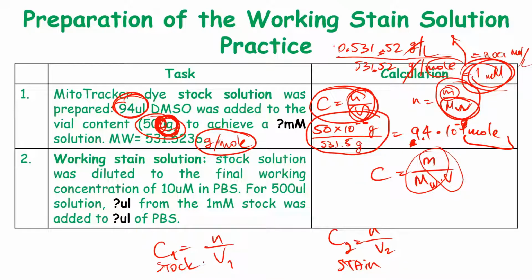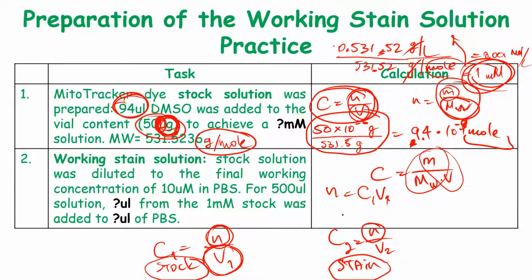The thing here is that the same amount of substance that you take from the stock solution goes to your staining solution, which means this N here is equal to this N here. And in this case, if we move this V1 to the other side, N would be equal to C1, V1. And N for this part would be equal to C2, V2. Since they both are the same, then you can equalize these parts too. C1, V1 equals C2, V2, okay?